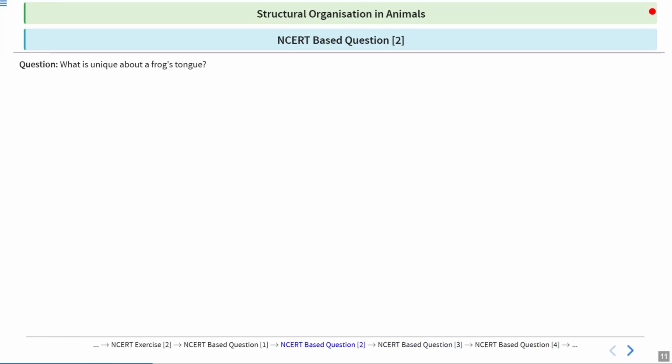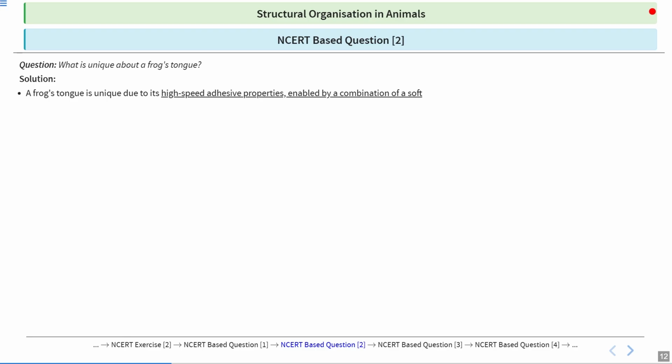Next question. What is unique about the frog tongue? So let us go to the answer part. A frog's tongue is unique due to its high speed adhesive properties, enabled by a combination of a soft tongue, right? It has a very soft tongue, but it has adhesive properties.